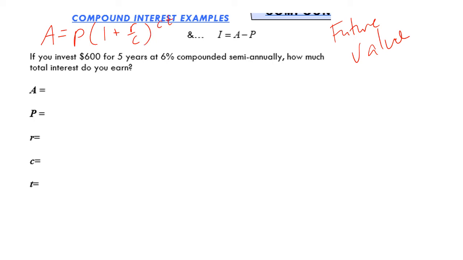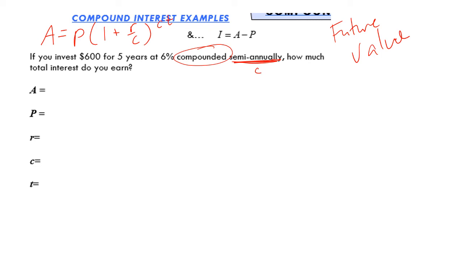And then don't forget, interest equals the final amount minus the principal. So if you invest $600 for 5 years, compounded, as soon as you see compounded, not simple, you know you're using this formula. Always the word after compound is your C, so semi-annually.